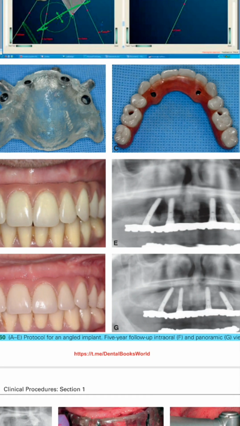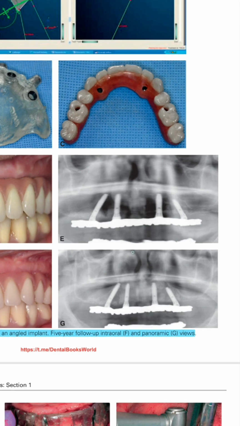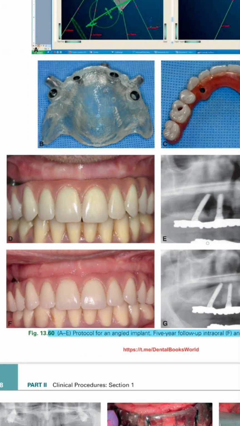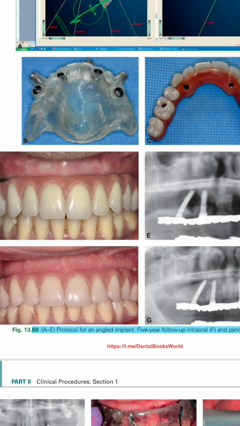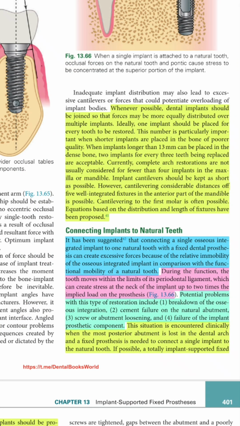This is the 5-year follow-up of an all-4 fixed prosthesis of denture. Let's discuss some important concepts about the connection of an implant.